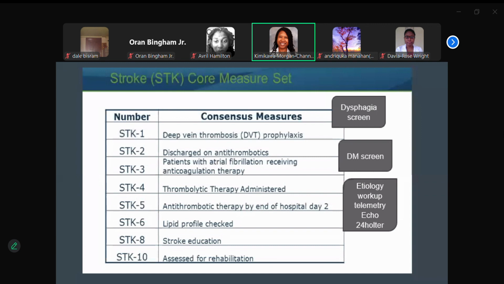So we don't want that. We want BP management with hemorrhagic stroke. As I said, you want to keep it less than 180 systolic and around 150 systolic, so that you don't drop the cerebral perfusion.